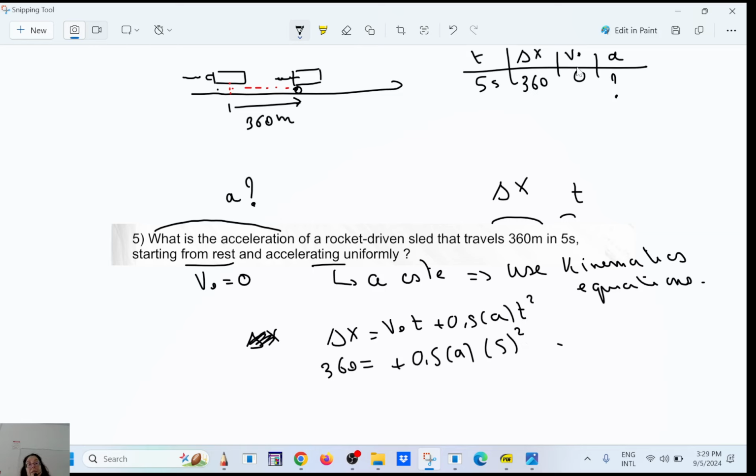I'm glad initial velocity is 0 because otherwise we have a quadratic equation to solve. So you can rearrange. So what is the acceleration?